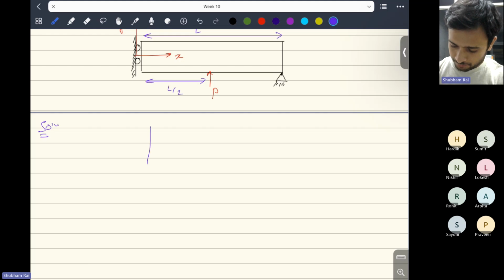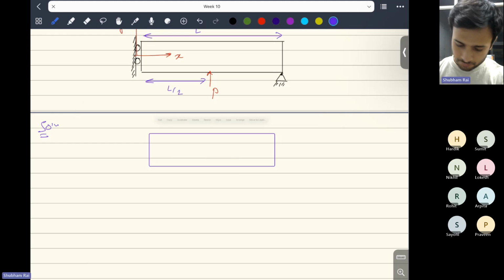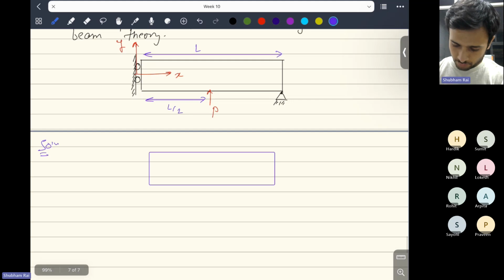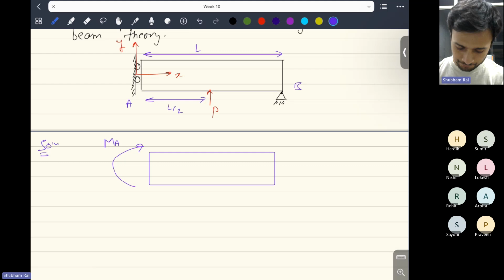If I draw the beam, let's say this is point A and this is point B. So let's say the bending moment acting at point A is this, in this direction, and the load we already know.